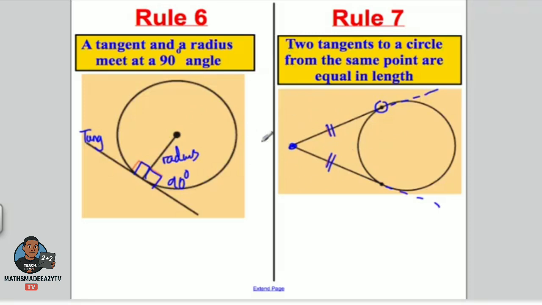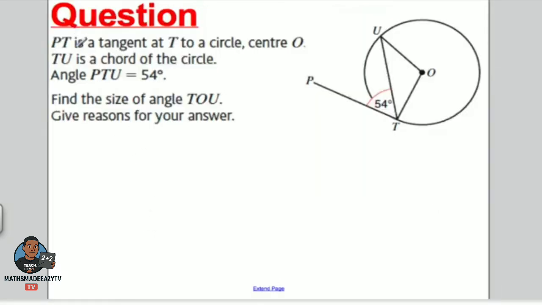Now let's have a go at a couple of questions. PT is a tangent at T. TU is a chord. Here is our chord. And angle PTU is 54. Find the size of angle TOU. So this angle here.